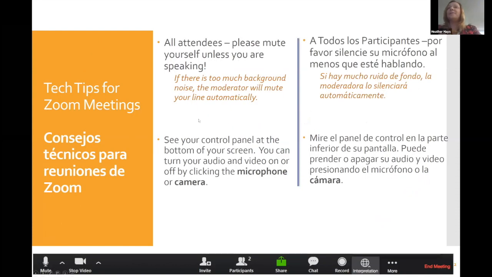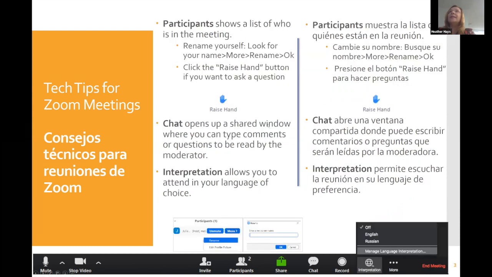As we get started, let's begin with some tech tips for Zoom meetings. First and foremost, please continue to mute yourself unless you are speaking. If you want to access the mute button, it's at the bottom in your control panel. We also ask that you please choose the language of your choice through the interpretation button, the icon that looks like a globe.